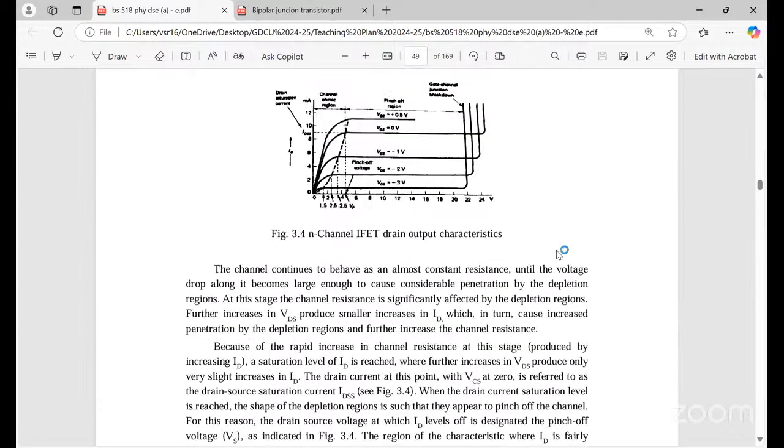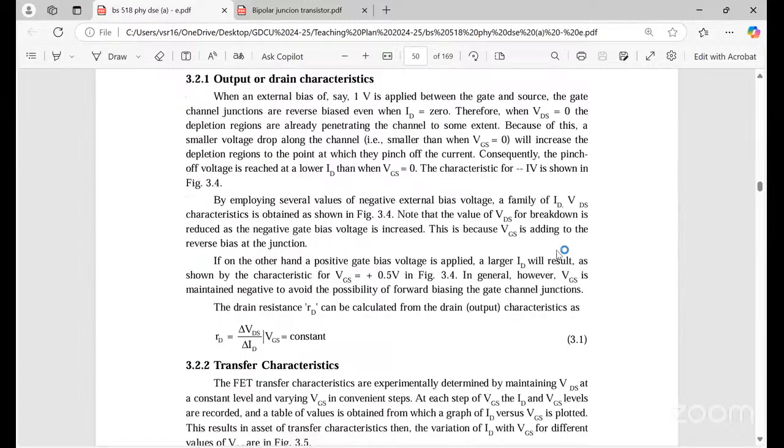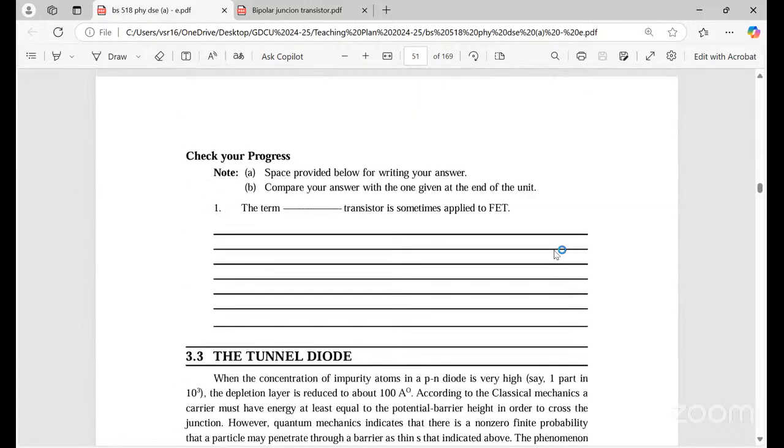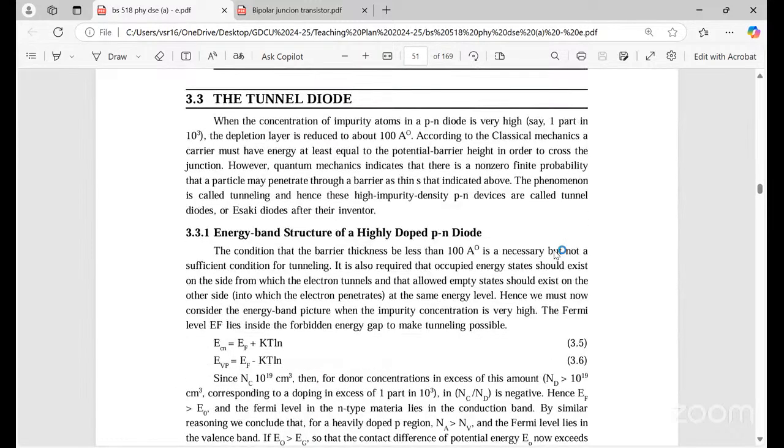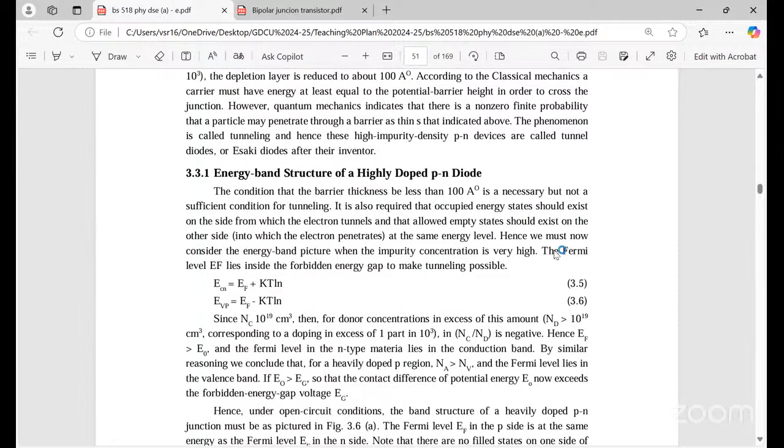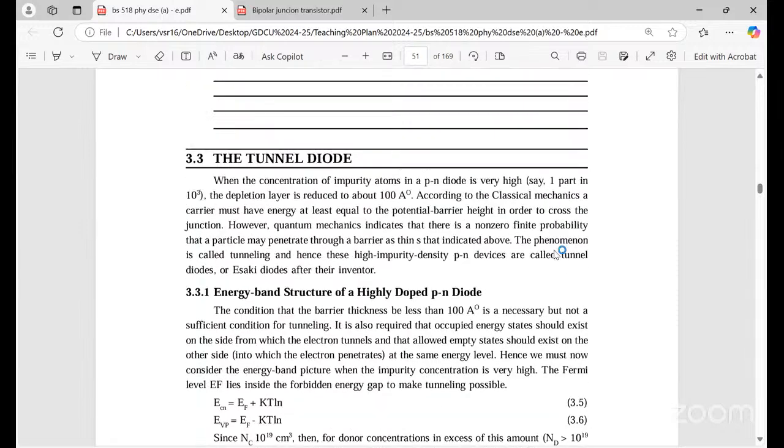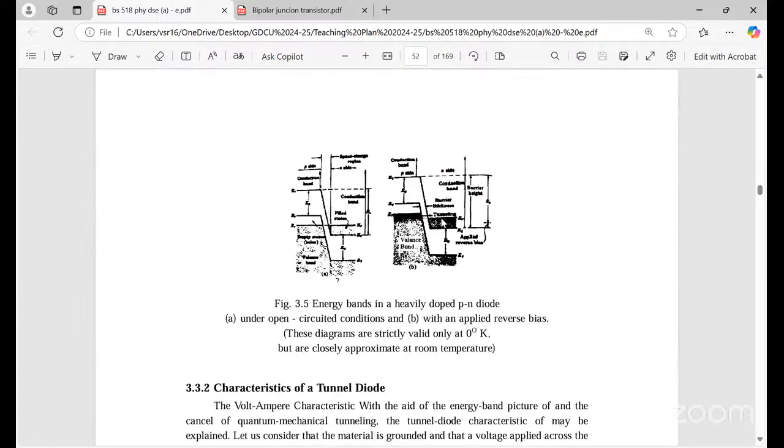The output characteristics as well as the input characteristics we need to discuss. Another one is the tunnel diode. This is the tunnel diode here. The energy bands are heavily doped.